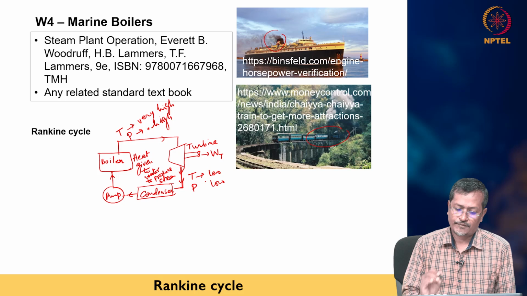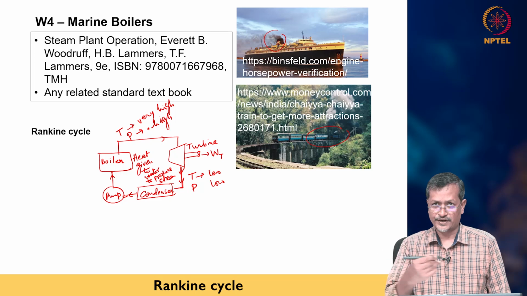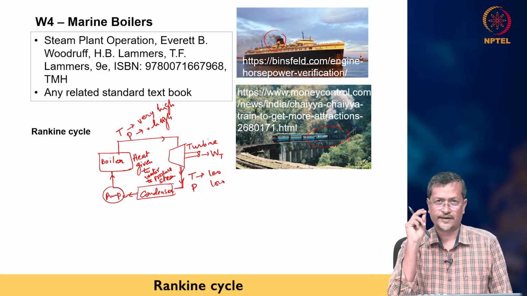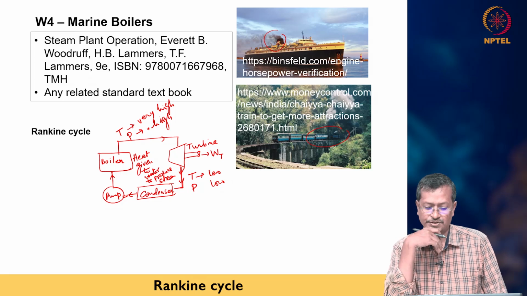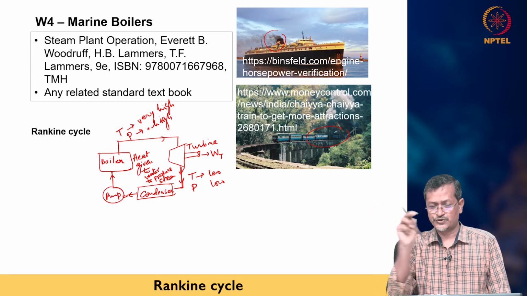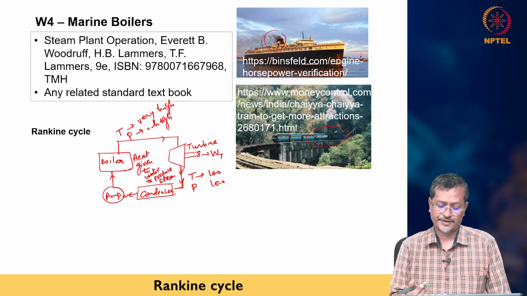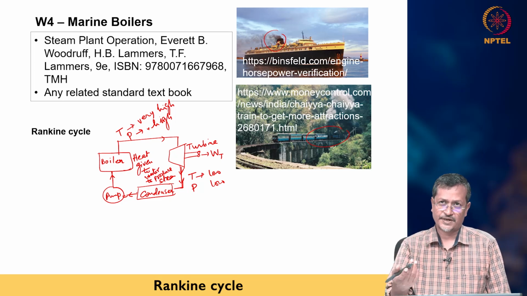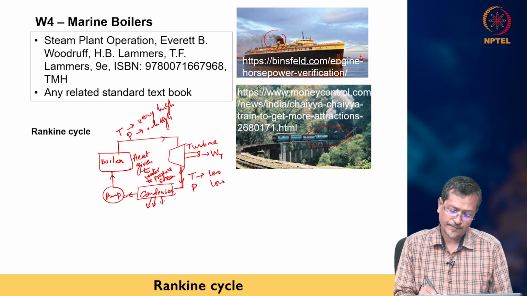From turbine to pump, the pressure will be the same actually, because turbine and condenser is actually one pipe. I have already discussed during the heat transfer lectures that a condenser actually has lots of pipes, and heat will be transferred through the pipe. Because the steam temperature is high and ambient temperature is lower, heat will be going out to the ambient.